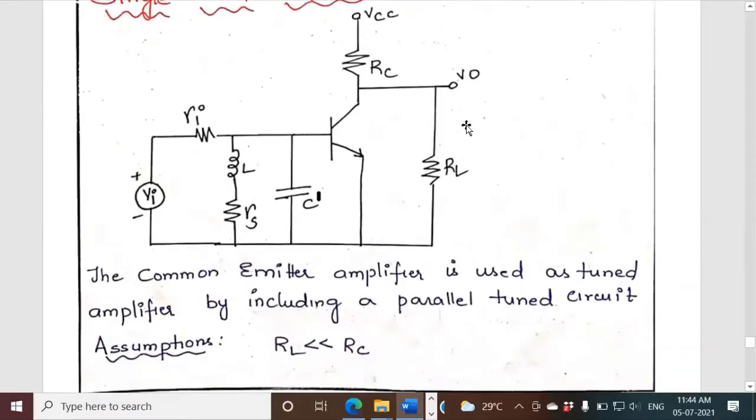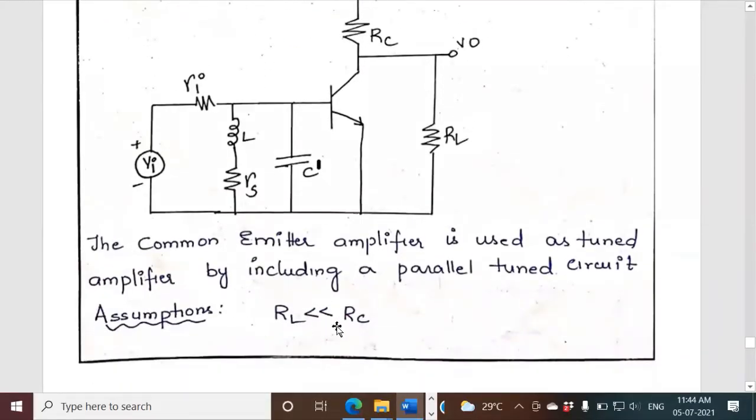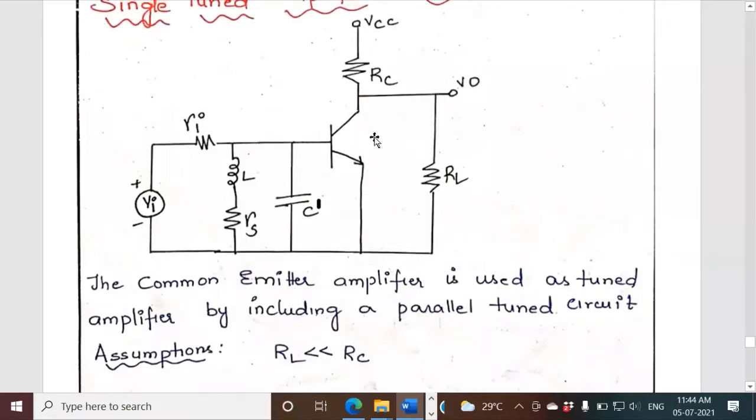Now, RL is much less than RC. You know current will always choose the low resistance path. For the AC equivalent, when we replace VCC by ground, RL and RC appear to be in parallel.